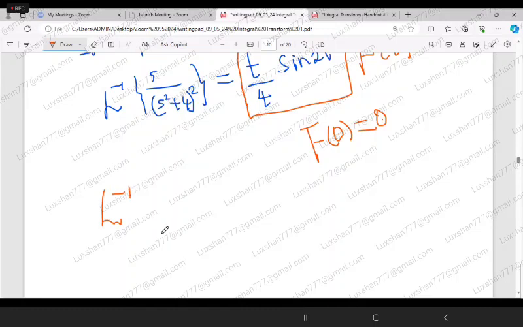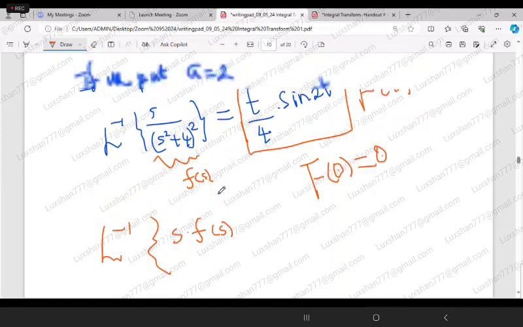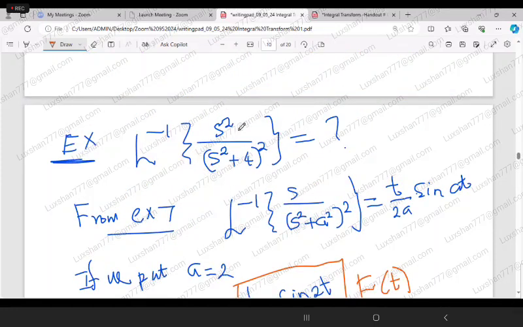Therefore, the inverse Laplace transform of s squared over this, that means s into this one. If you say this is your F(s), actually that is what we want. This is nothing but the inverse Laplace transform of s into F(s).